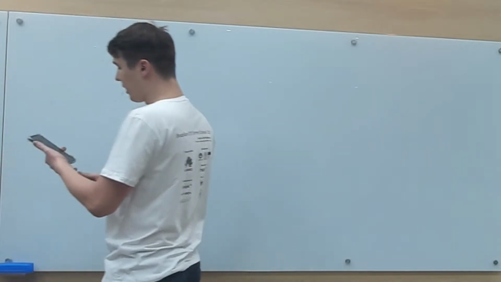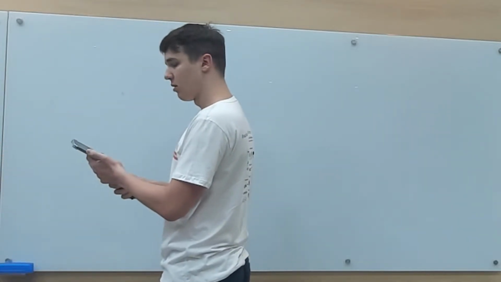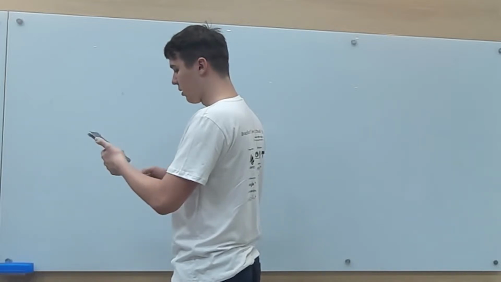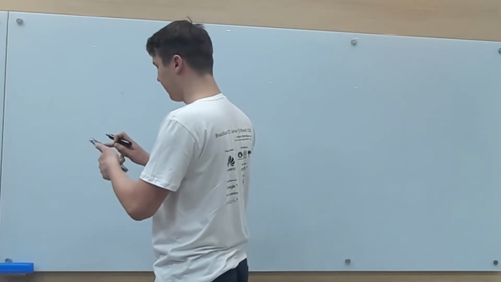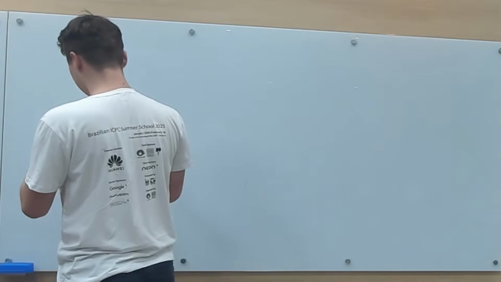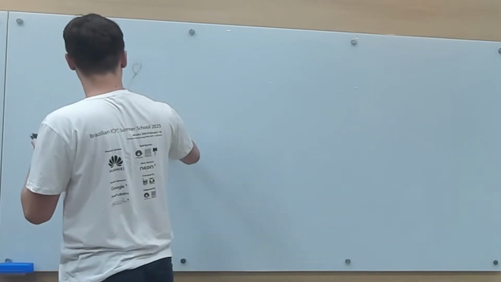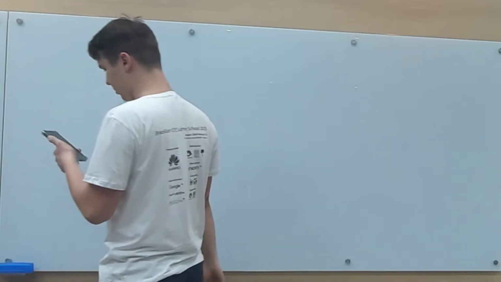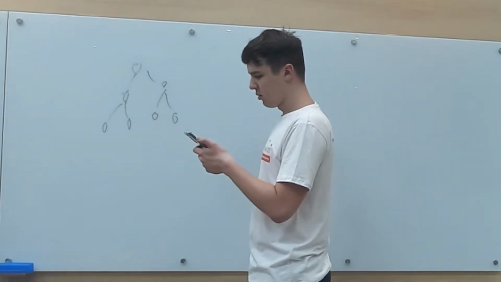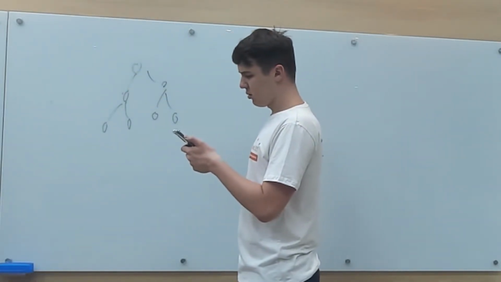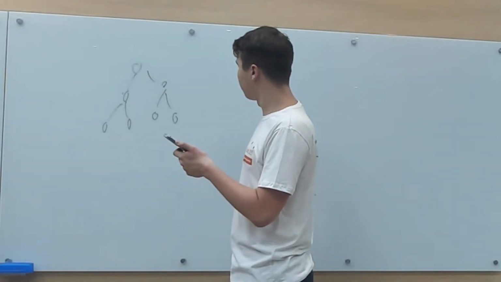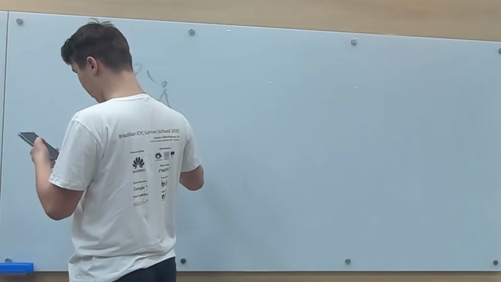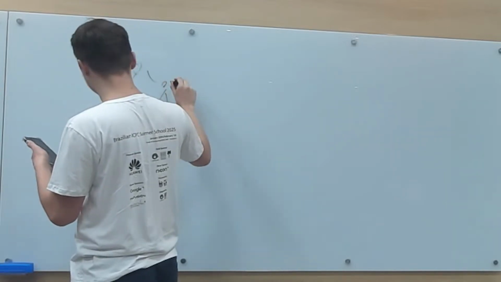Okay, so now dynamite. In dynamite, we have a tree, and there are some dynamites in some of the vertices.